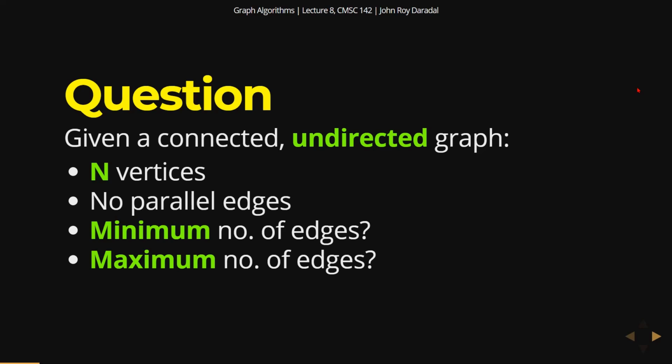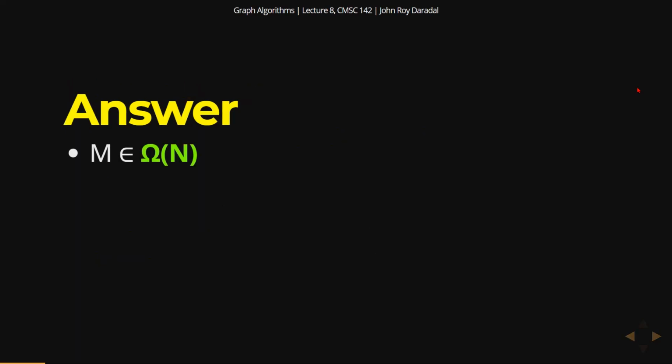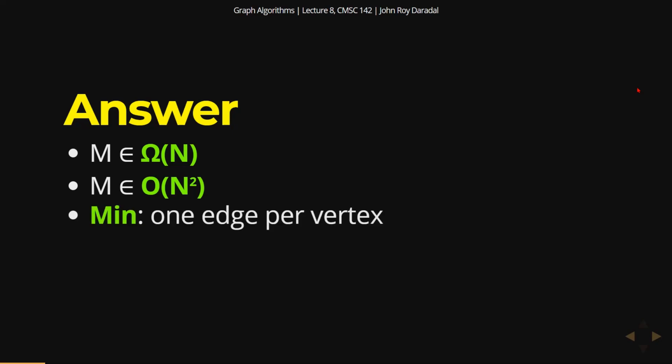Okay, so for this type of graph, your limits are actually, your best case is n and the worst case is n squared. So m is in omega of n and it's also in O of n squared. So the minimum number of edges would be if you have one edge per vertex, so that all of them would be connected.